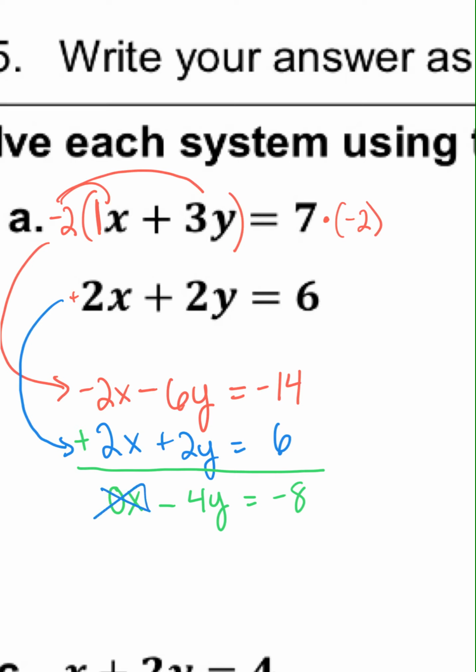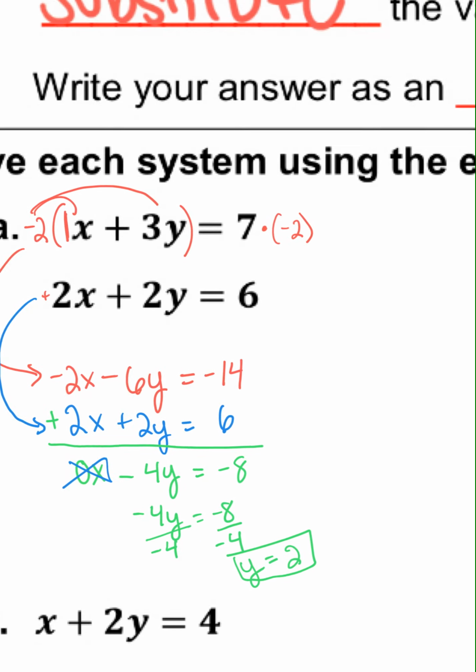And I'm left with negative 4y equals negative 8. I'm going to divide so I get that y by itself by doing the opposite of multiplication. So negative 4 on both sides, and I get y equals positive 2. Okay, so that is my y coordinate.